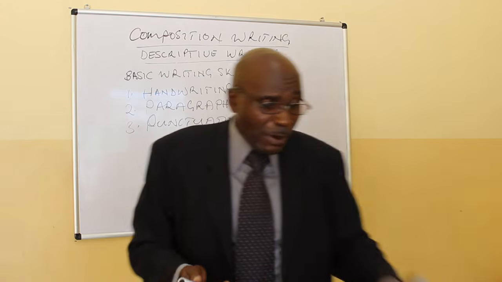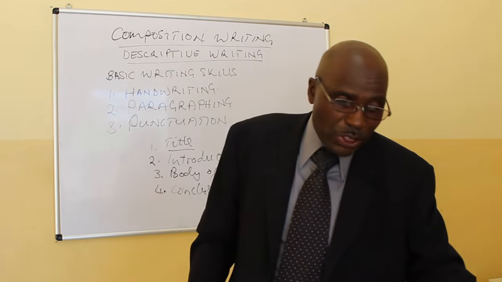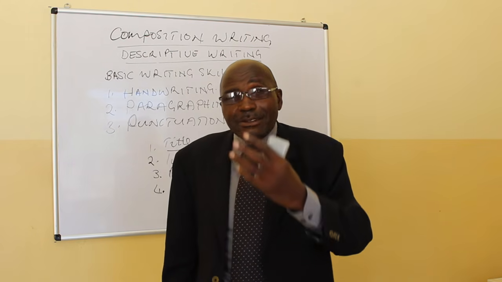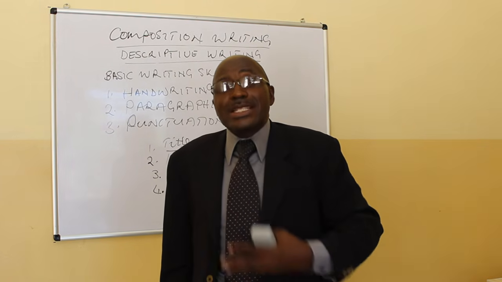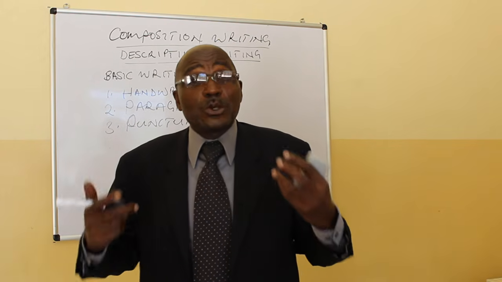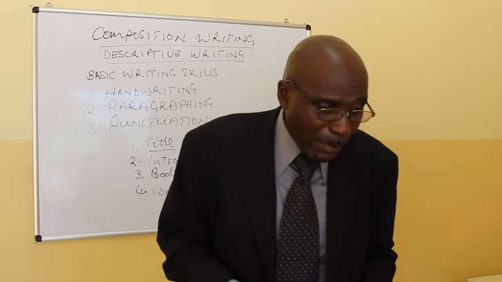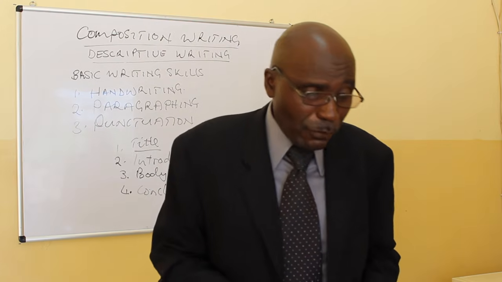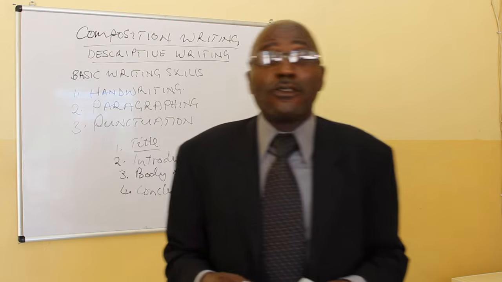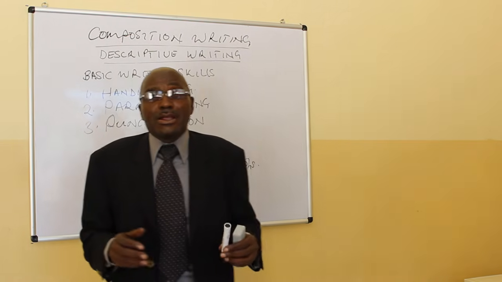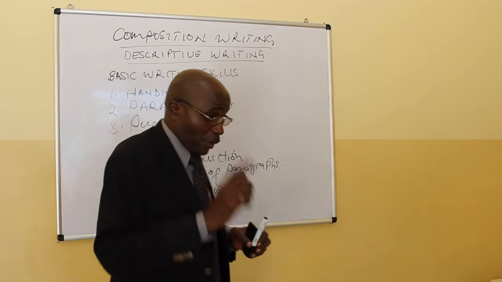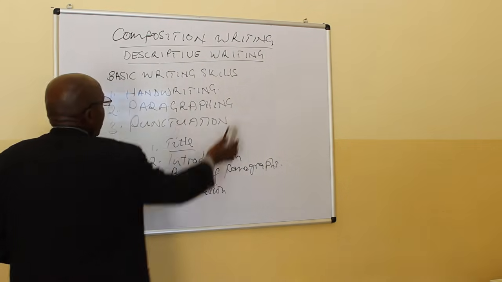So the composition that I'm going to give you is for you to practice. You must describe it the way you want it to be, according to what you cherish. The composition that I'm going to give you as homework is "The House of My Dreams." That is the title of the composition that I'm going to give you.